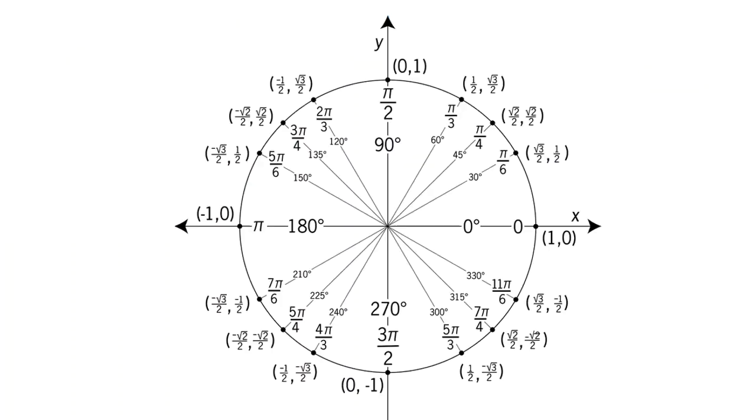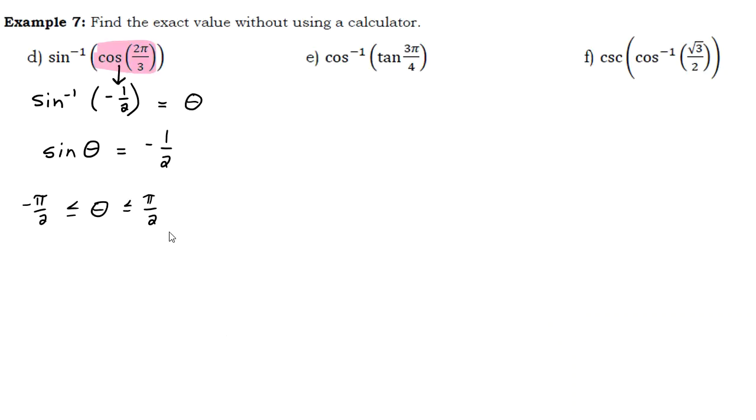We could go to our unit circle if we needed to. We need the sine to be negative half, which is our y value. So it's going to be here. Now we're not going to write 330 because we need our answer to be between, and we could write these in degrees if we wanted to, between these two numbers. And 330 is not between those two numbers.